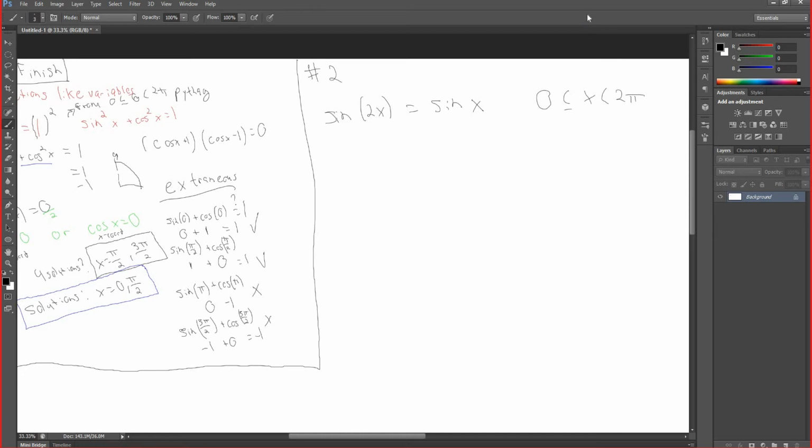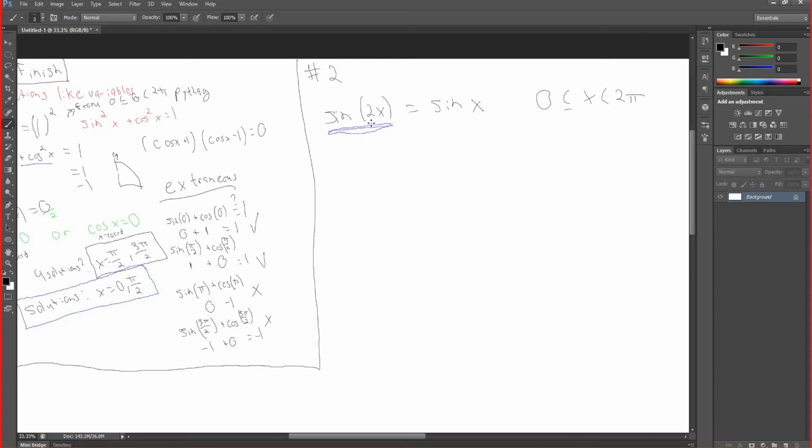Okay, what identity do I need to use here? I know I can do something on the left. So this is our double angle identity, right?